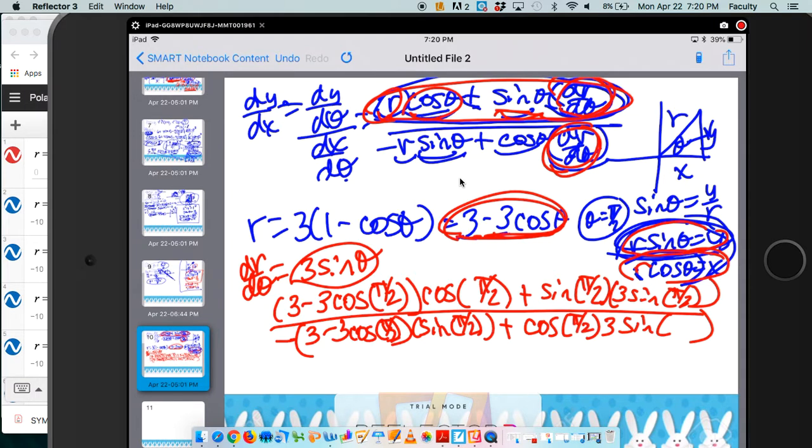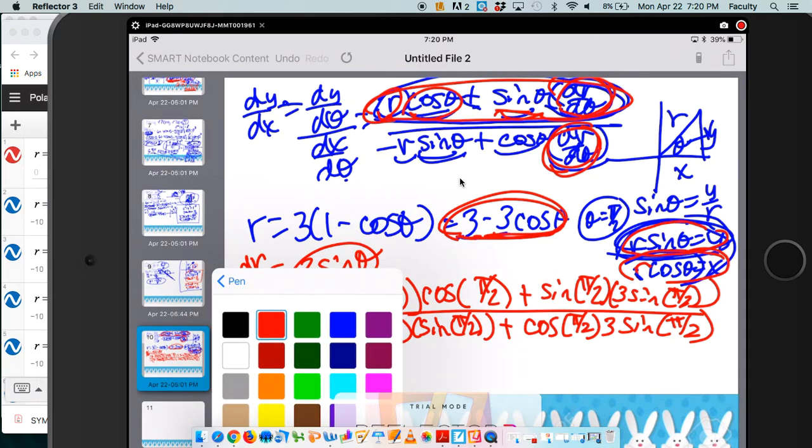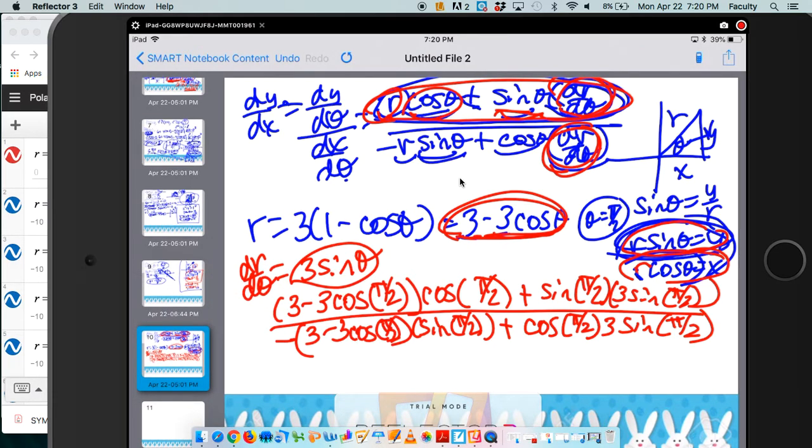So this is the derivative at pi over 2. Remember, all of this is really just dy d theta over dx d theta. The cosine of pi over 2 is 0. The sine of pi over 2 is 1. So this goes to 0, so I have a 3. Cosine of pi over 2 is 0, so that goes away.